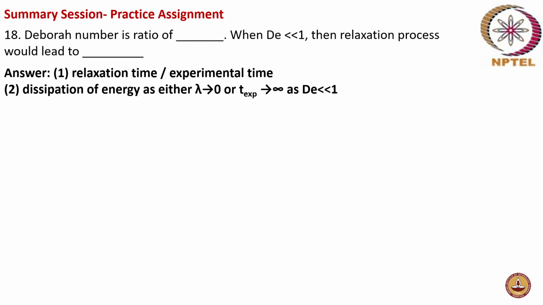So the material is able to relax well, and it is able to dissipate energy. So lambda tends to 0, instantaneous relaxation, or you're giving an ample amount of experimental time. Both of these lead to dissipation of energy. Okay.